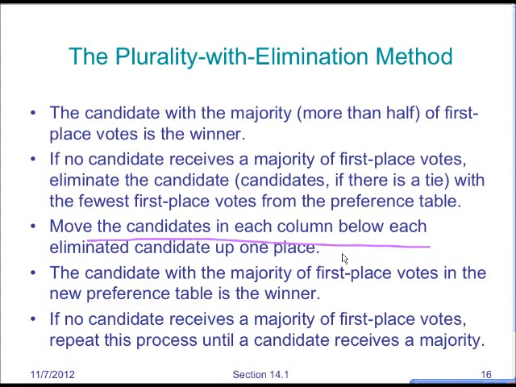Everybody gets moved up to replace those empty spots. And then we check again. We check to see if anybody has a majority of first place votes. If they do, then they're the winner. If not, we repeat the process until we do have a majority of first place winners.